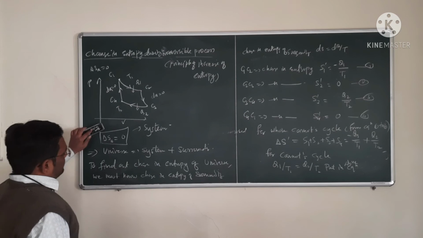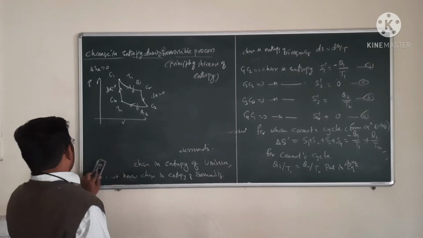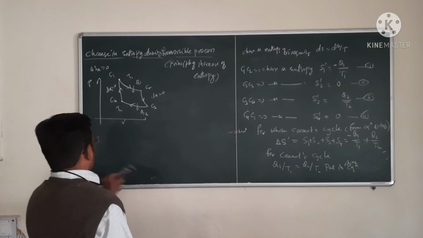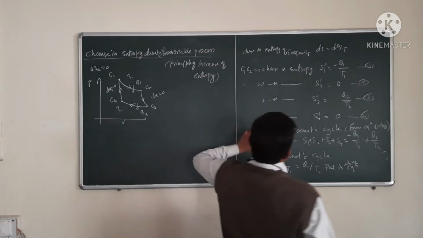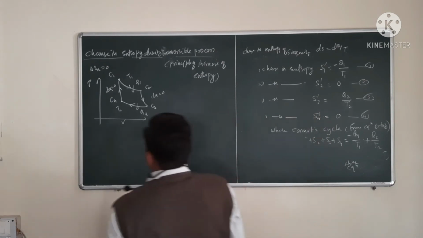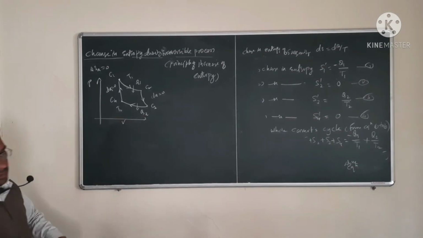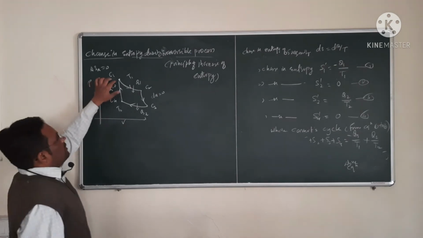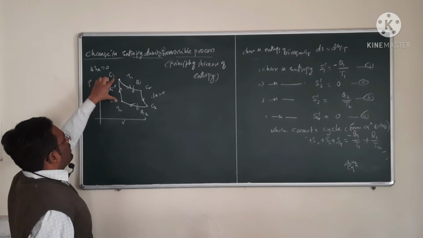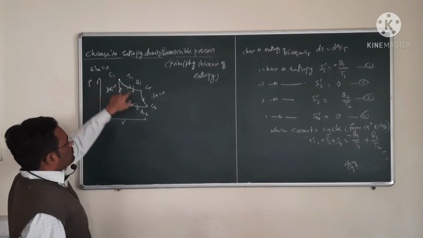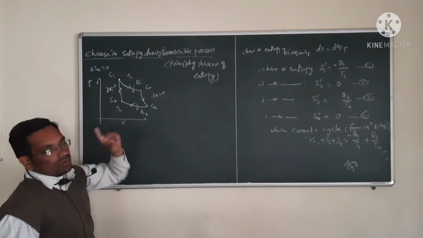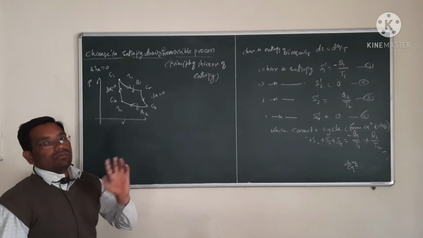For this we are going to study again, if you have Carnot cycle like this, but again in this cycle C1, C2, C3, C4, C1, all these four paths, out of these four paths you can take any one path which is not reversible.